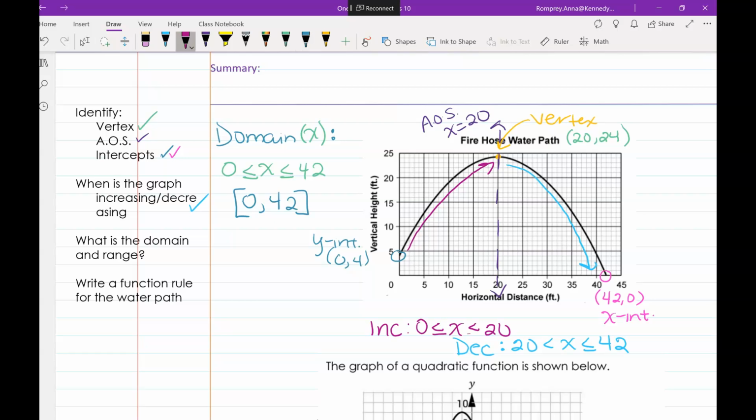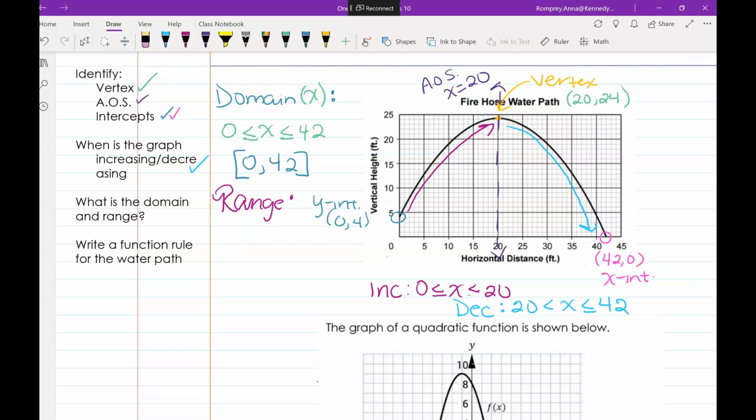So now let's look at the range. Okay, so the range, that's talking about our y values. So my y values are between, well, what's the minimum vertical height? Well, when it hits the ground, 0, and then what's the maximum? 24.